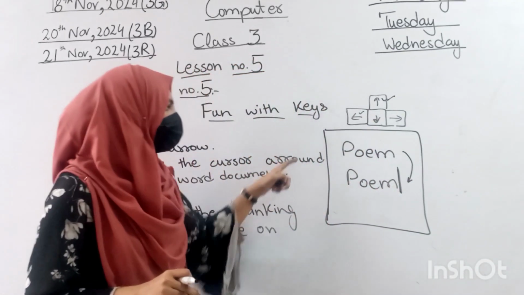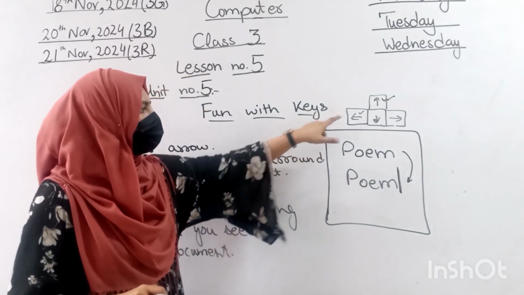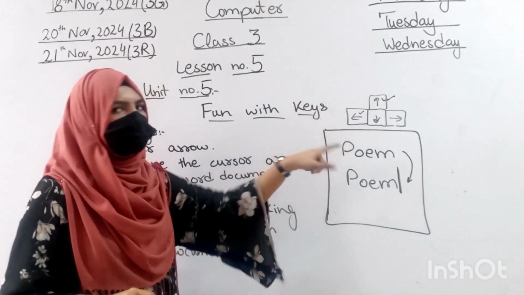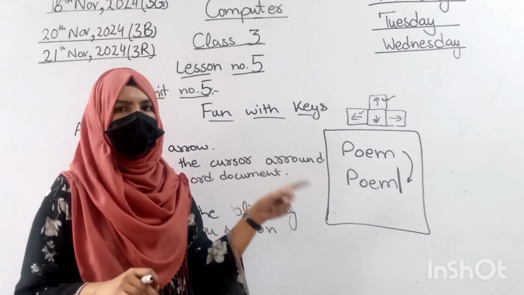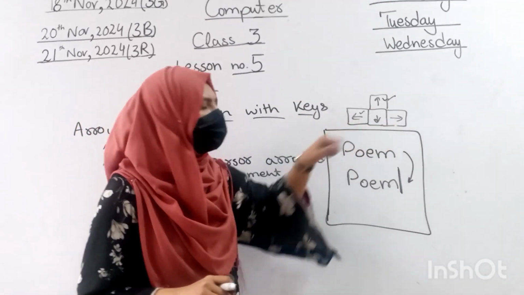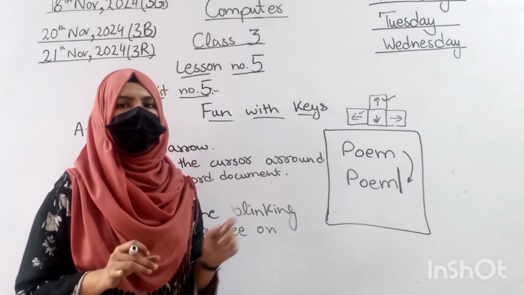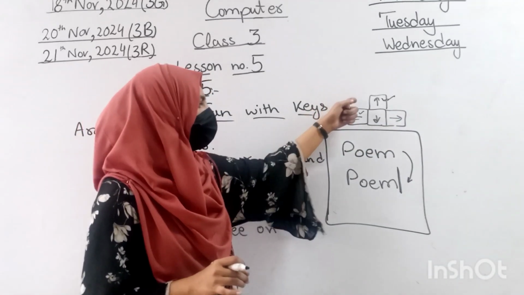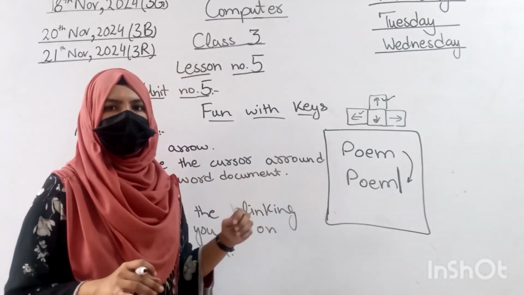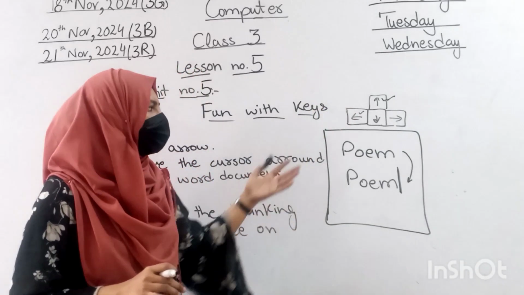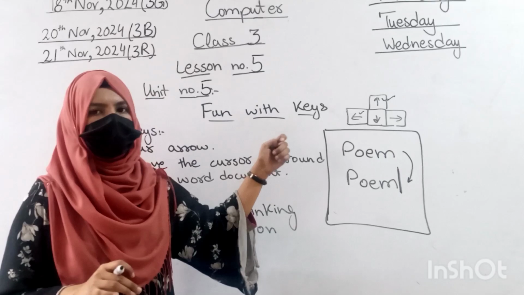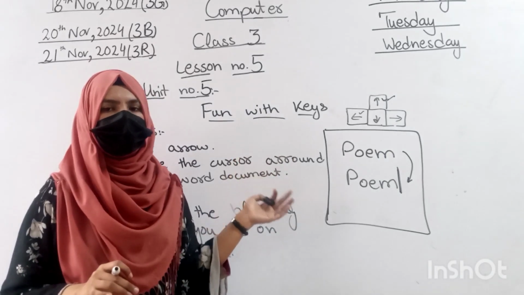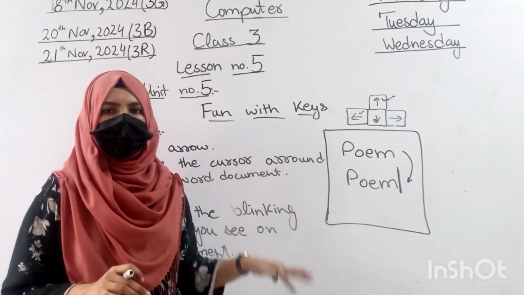So these are the functions of arrow keys. The left arrow key is used to move the cursor from right to left. The right arrow key is used to move the cursor from left to right. The top arrow key is used to move the cursor from bottom to the top. The bottom arrow key is used to move the cursor from top to the bottom.